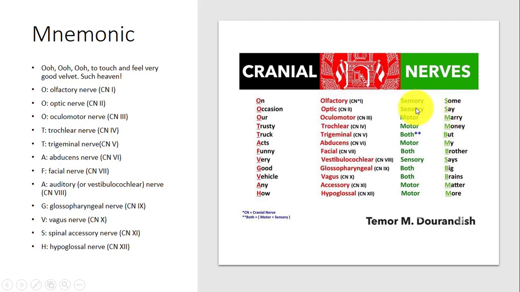But this is kind of like a simple way to match this with over here. So sensory is olfactory, sensory is optic, motor is oculomotor, and so forth. Okay, so some say marry money, but my brother says big brains matter more. So that's a simple way.